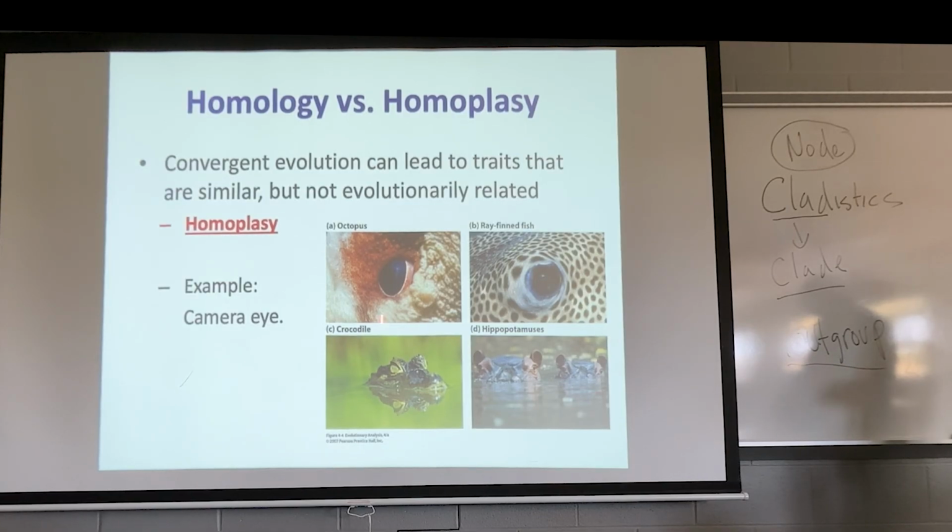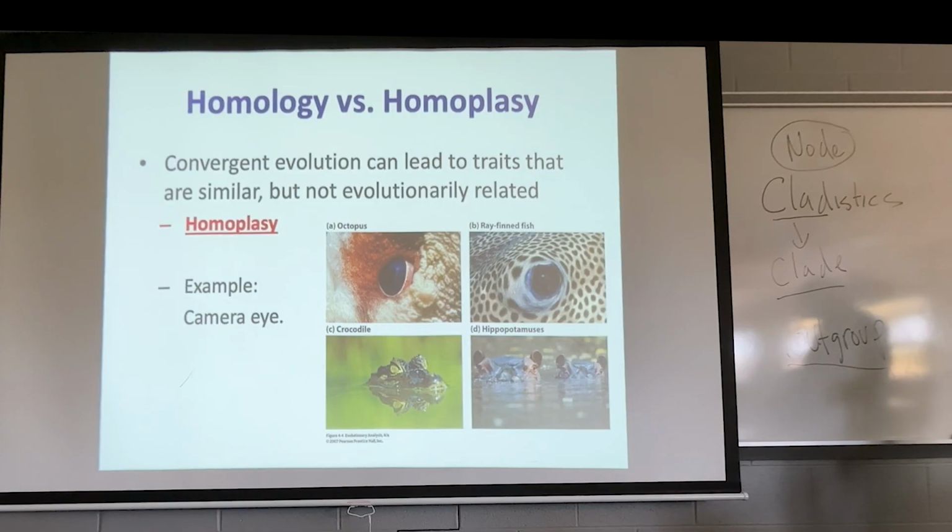And if you look at all the animals that have camera eyes, like our eye that has a pupil that opens and closes, there are obviously fish and reptiles and mammals, but there's also the octopus, right, which isn't a vertebrate. So that's weird, right? It's an invertebrate. And so we want to know, is this homologous? Is the octopus eye homologous to vertebrate eyes? Or is it homoplastic, right? Which means that it is an example of convergence.